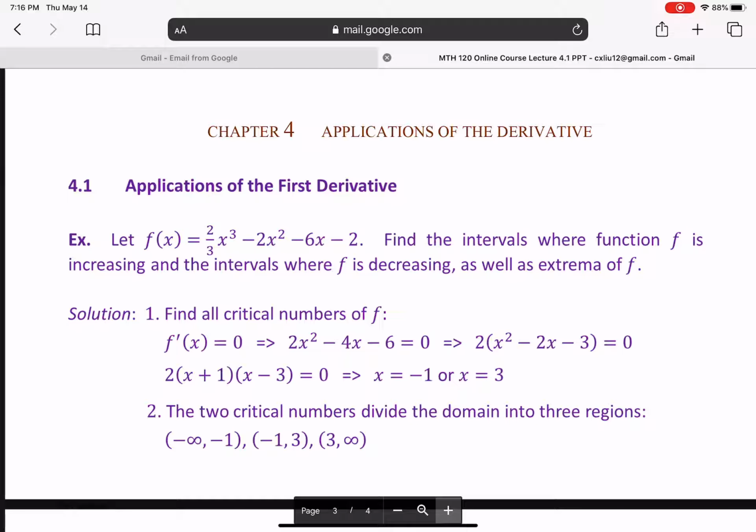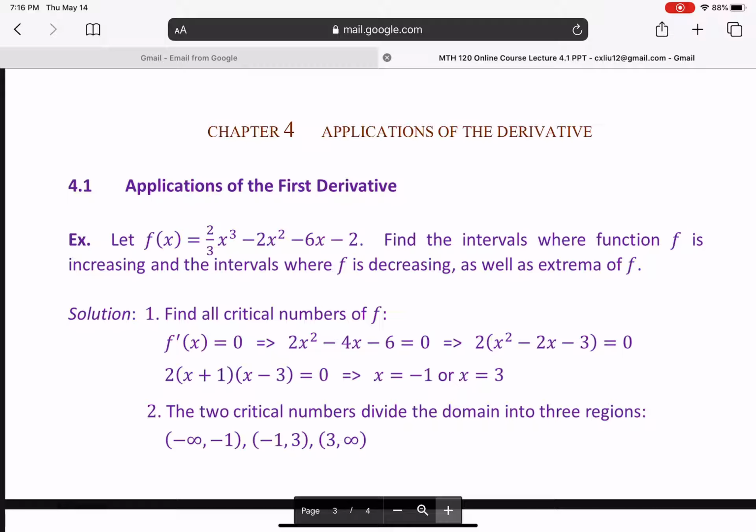So we don't have to worry about the case where the derivative does not exist. By the definition of critical numbers, we just set the derivative equal to 0 and solve for it. So that's step 1, find all critical numbers of f.